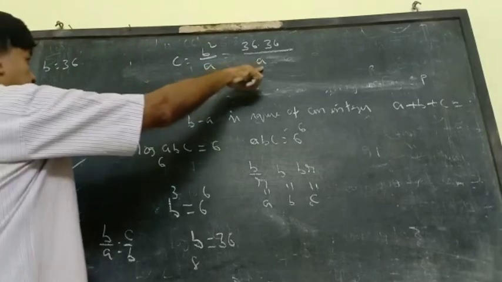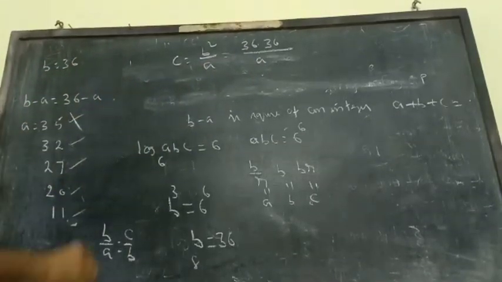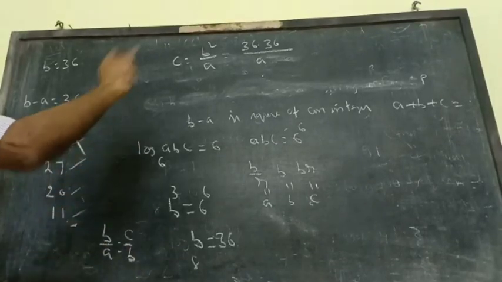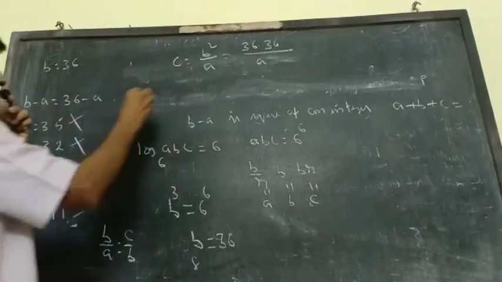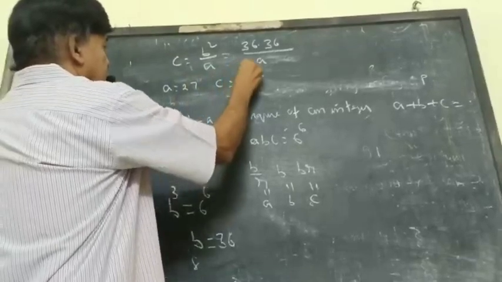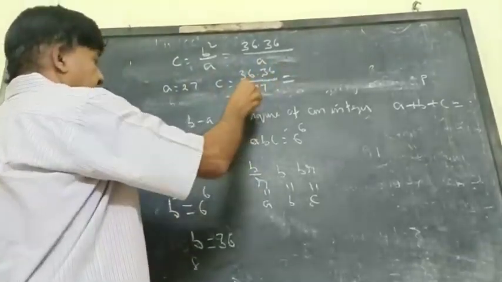If you put A as 35, it fails, it cannot be an integer. A is 32, fails too. 36 into 36 by 32 cannot be an integer. A is equal to 27 means 36 into 36 by 27.